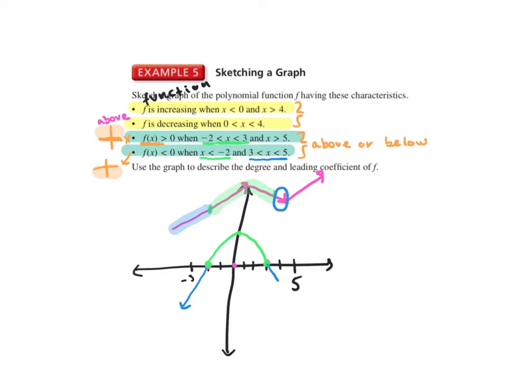But then at 4, I go back increasing. But I am still below the x-axis until I get to 5. So I need to stop at this point at 4, go increasing, but I'm still below the x-axis. So our graph is going to look like this.